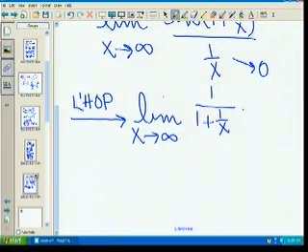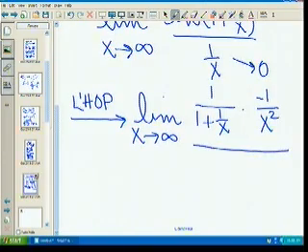The derivative of 1 is 0. What's the derivative of 1 over x? Negative 1 over x squared. So that's the derivative of the top: the derivative of the natural log of something is 1 over that something times the derivative of that something, which is negative 1 over x squared. The denominator now is easy. What's the derivative of 1 over x? Negative 1 over x squared.